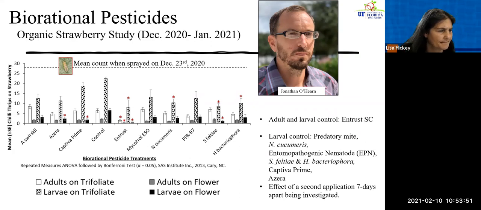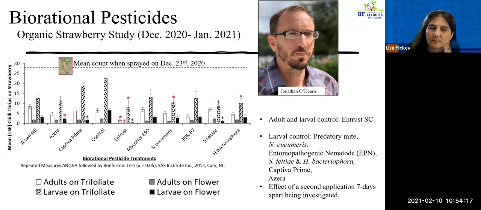These biorational pesticides include some biopesticides, some biological control agents such as predatory mites, entomopathogenic nematodes, our Captiva Prime, Azera, Mycotrol ESO, PFR 97, so on. So we have about 10 treatments, including a control in this experiment.